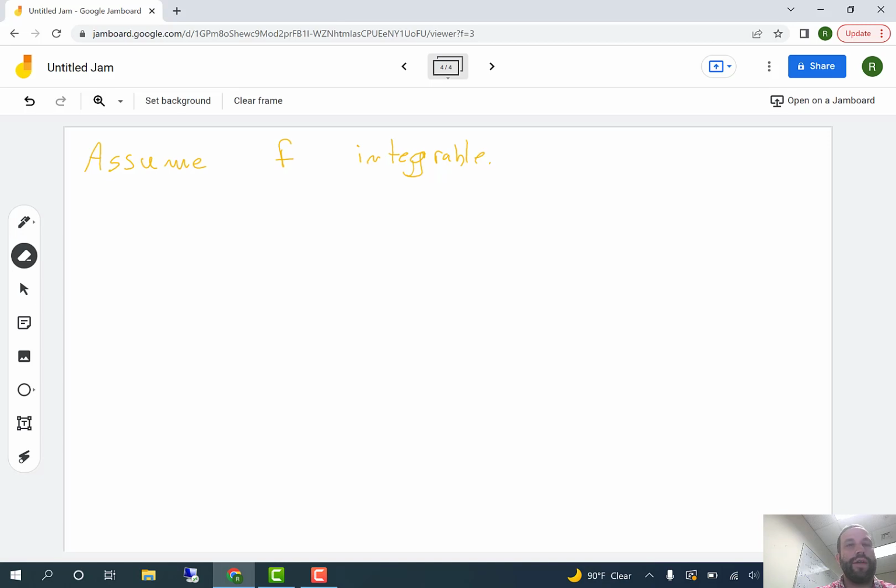I want to show that there is a partition where U of fp minus L of fp is less than epsilon. This is the thing that I now want to show. WTS means want to show. I want to find a partition that satisfies this. Well, what I know, if f is integrable, then U of f is equal to L of f.